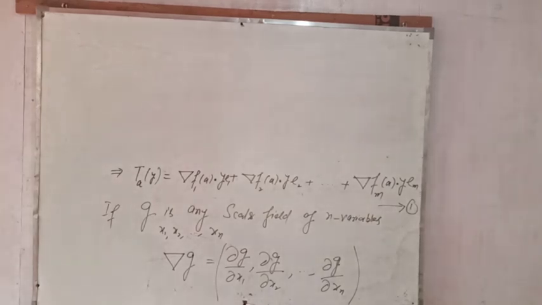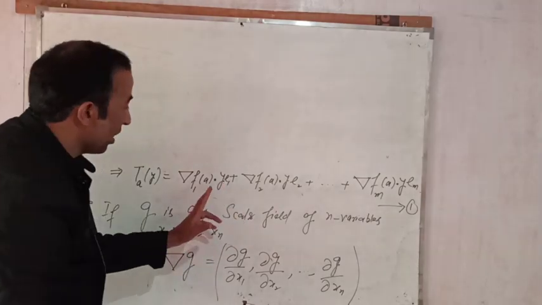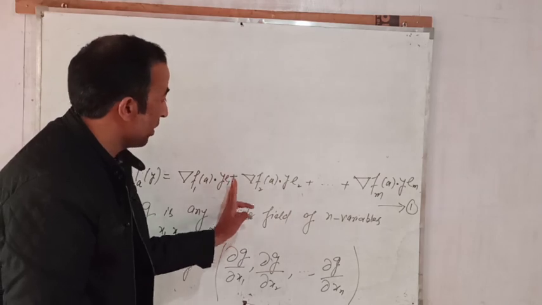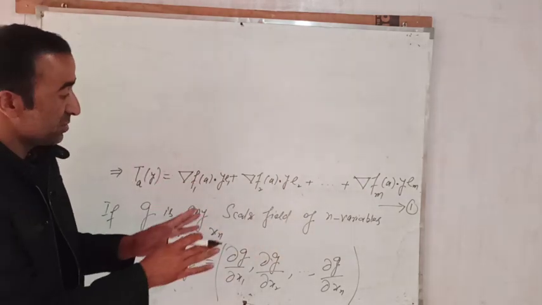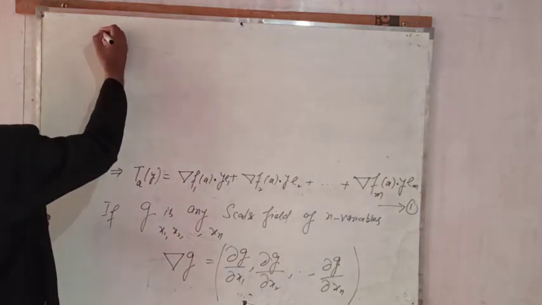Here I have the basis of R^m as e_i's, e_1, e_2, and so on, e_m. I will write the basis of R^n in terms of some other notation.